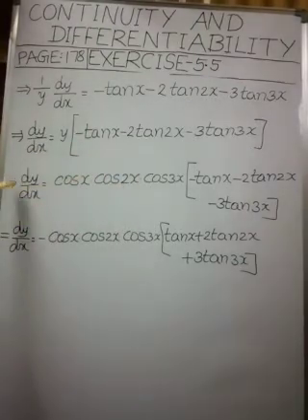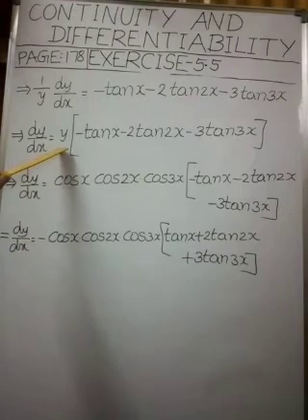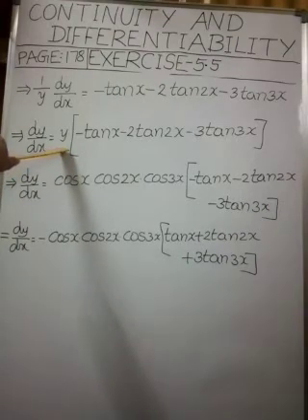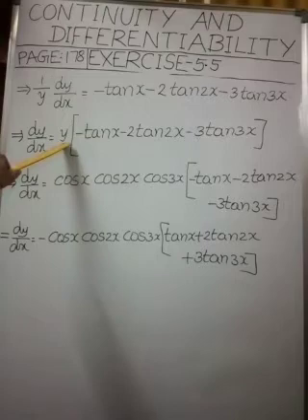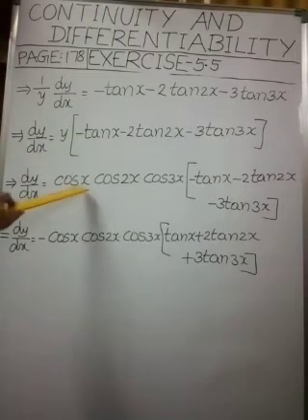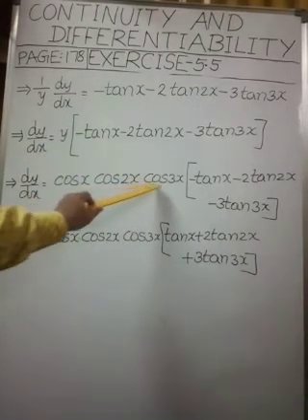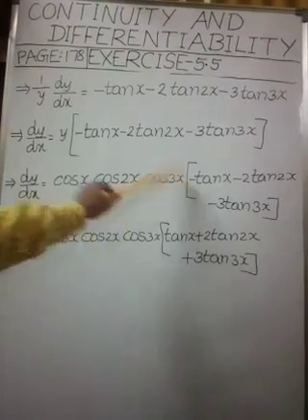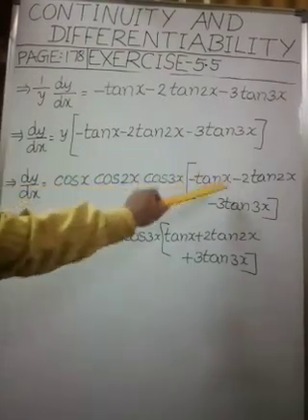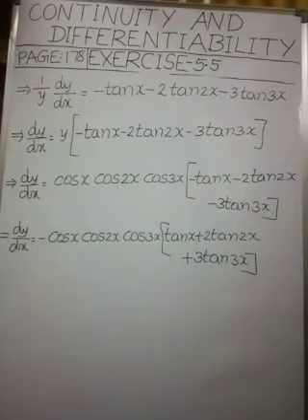Right. This implies dy by dx is equal to, what is meant by y here? At the beginning of the question, we assumed y is equal to cos x into cos 2x into cos 3x. So again we rewrite its value here: cos x into cos 2x into cos 3x into, we write this entire function as it is. Understood that step, my dear children? Right.